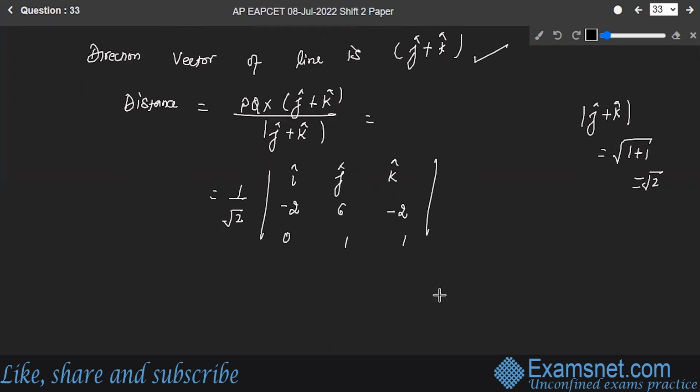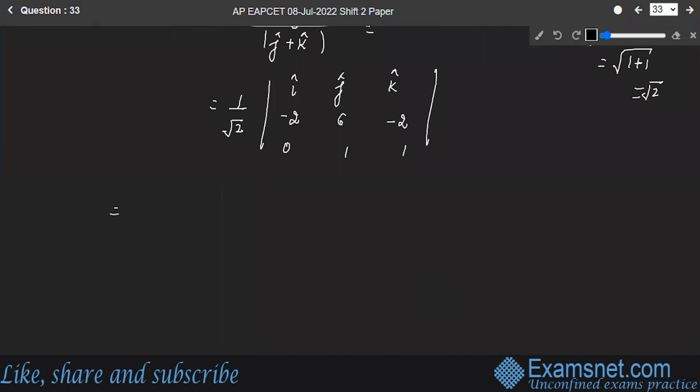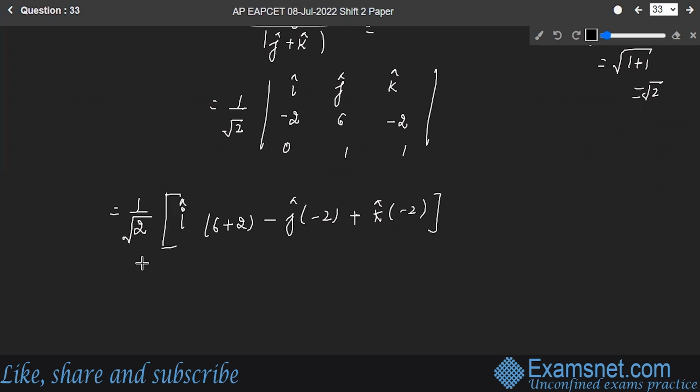Now let's find out the mod of it. 1 by root 2 into i cap, 6 plus 2, minus j, minus 2, plus k, minus 2, right?